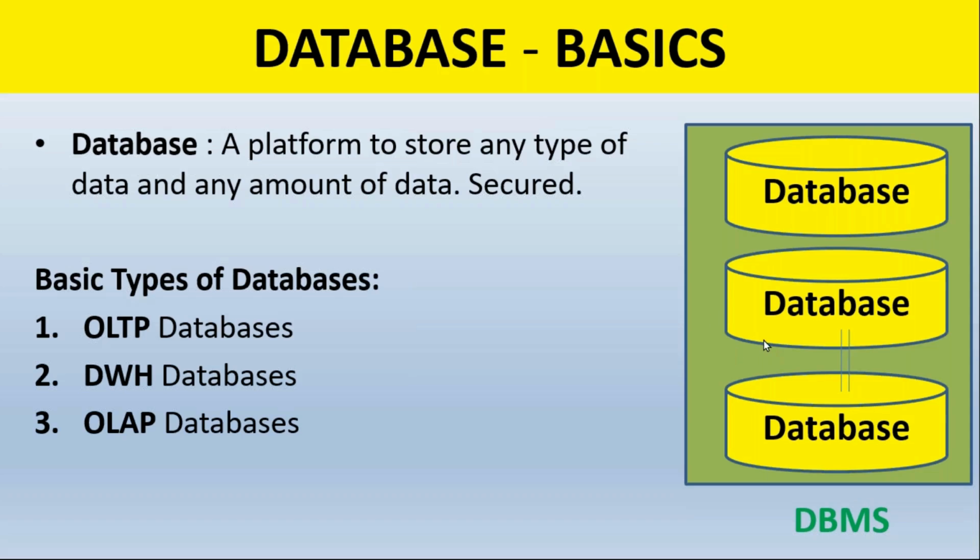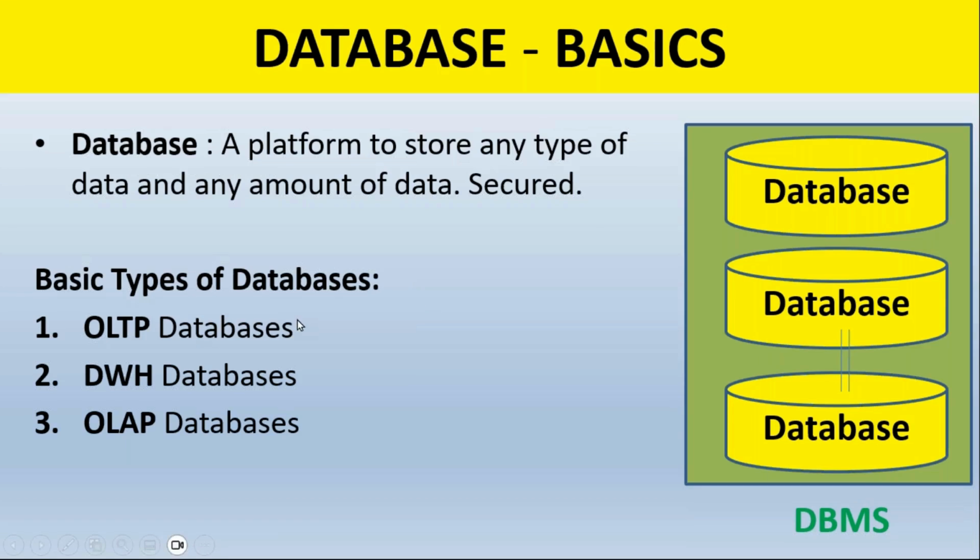Three different types of databases. Our course is into the data warehouse database. The main purpose of data engineering is the warehouse, and there are different brands of warehouse designs we need to involve. That's our actual course.